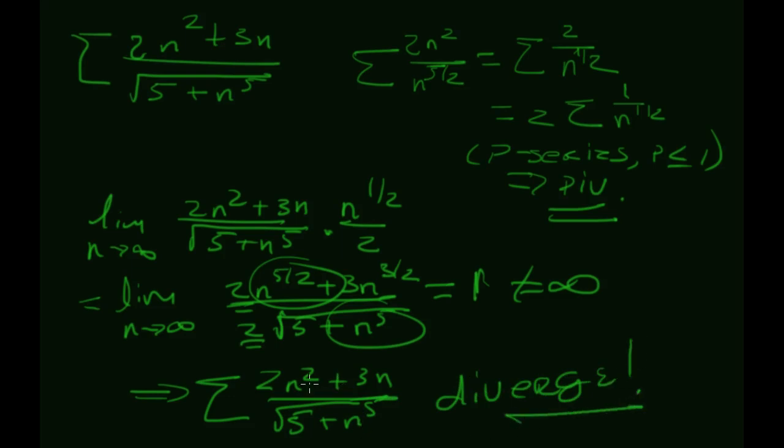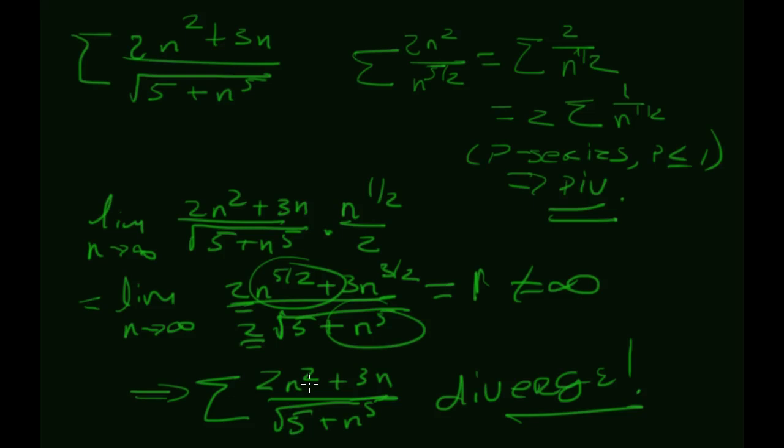All right, so the comparison test tells me that if a convergent series dominates my series, then my series must converge. If my series is dominating a divergent series, then my series must diverge.